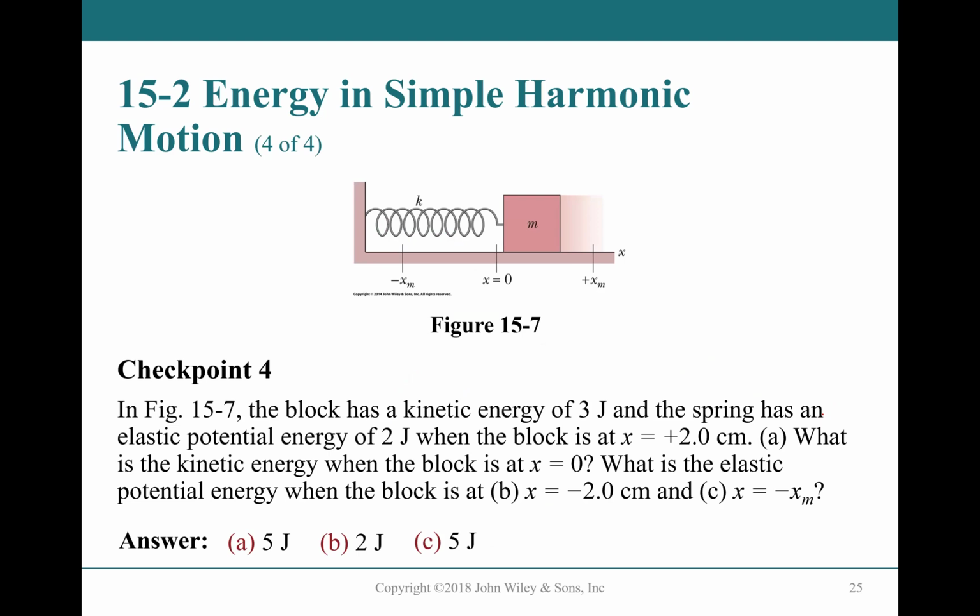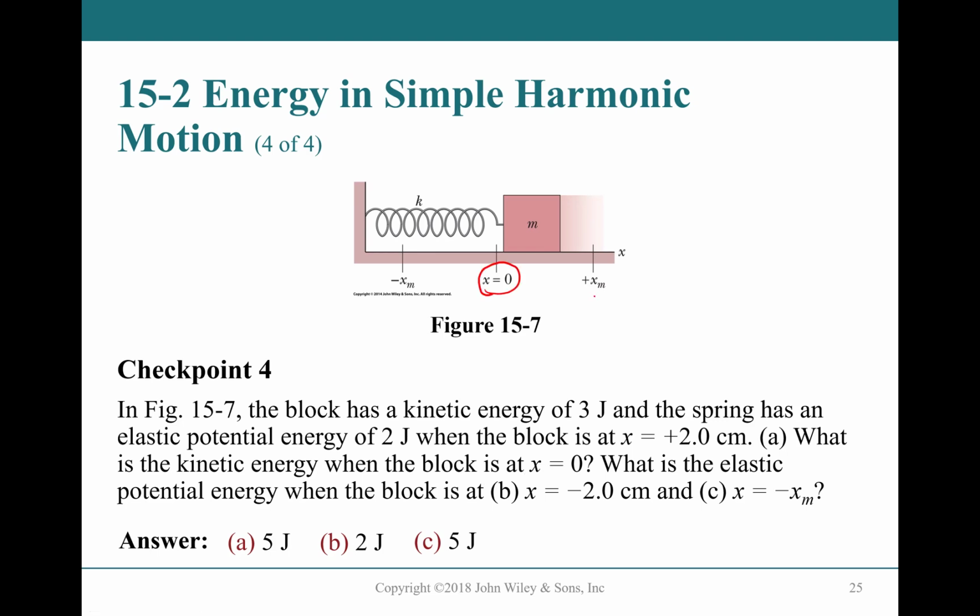And then we are going to take a look at this example. In this figure, the block has a kinetic energy of 3 joules, and the spring has potential energy of 2 joules when the block is at 2 centimeters. So the total is what? The total is 5 joules, okay? So what is the kinetic energy when the block is at x equals 0?